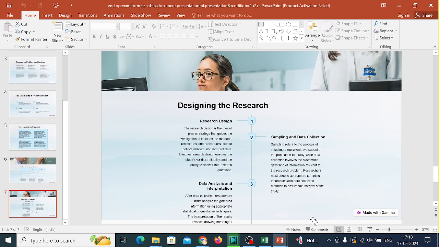A lot of parameters are there. They will go through each and every parameter, and if they are satisfied with whatever you have written, then only they will publish it, otherwise the paper will be rejected.